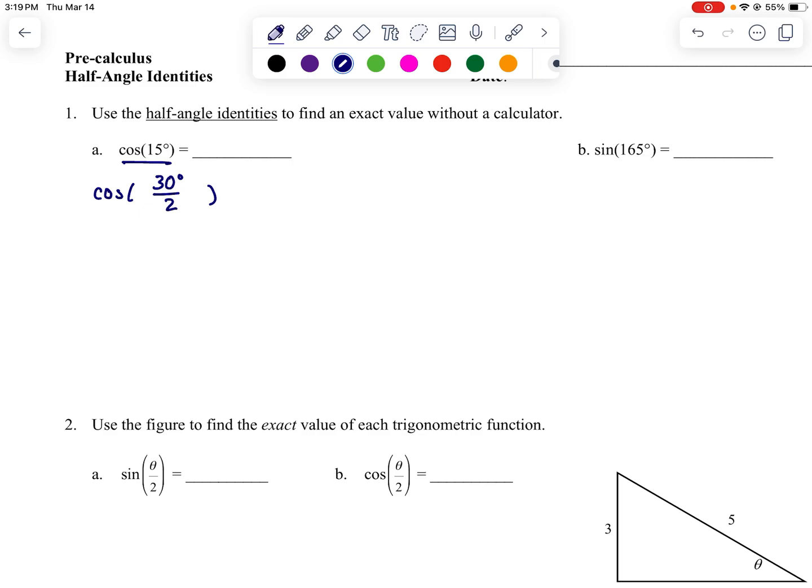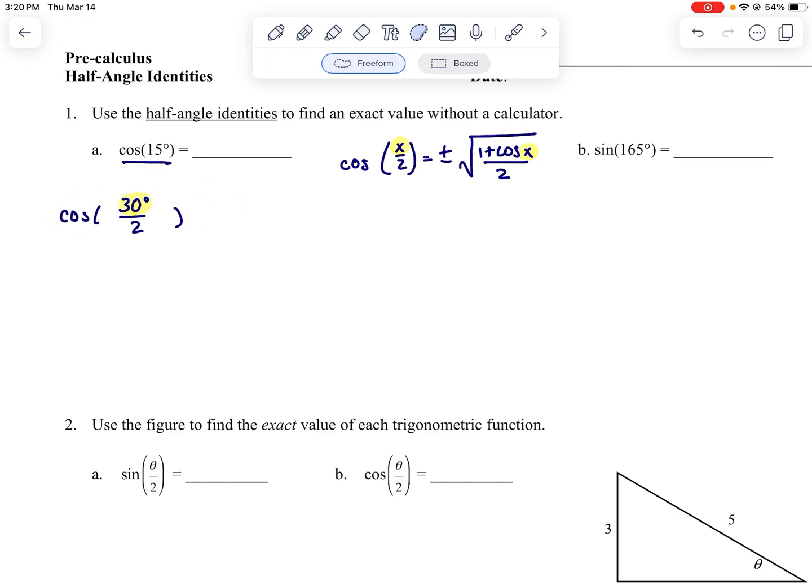If we're using the cosine formula for half angle, we look at the formula sheet and it says the cosine of x divided by 2 is plus or minus the square root of 1 plus the cosine of x, all divided by 2. Notice that in this case x is our 30-degree angle. So we're using an angle that we know, and then we're writing that out using our formula.